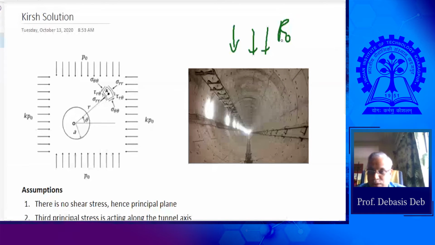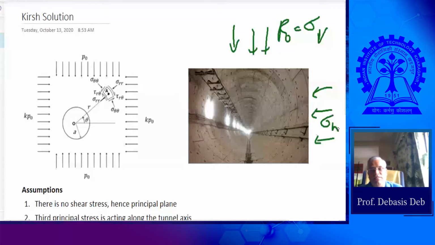This may be sigma 1, or it may be sigma V. It doesn't matter, and this may be sigma H if you are comfortable with V and H symbols. That is the horizontal stress, and we are representing it by K P naught, because this is K into P naught, and K is that ratio, the ratio between horizontal stress to vertical stress.